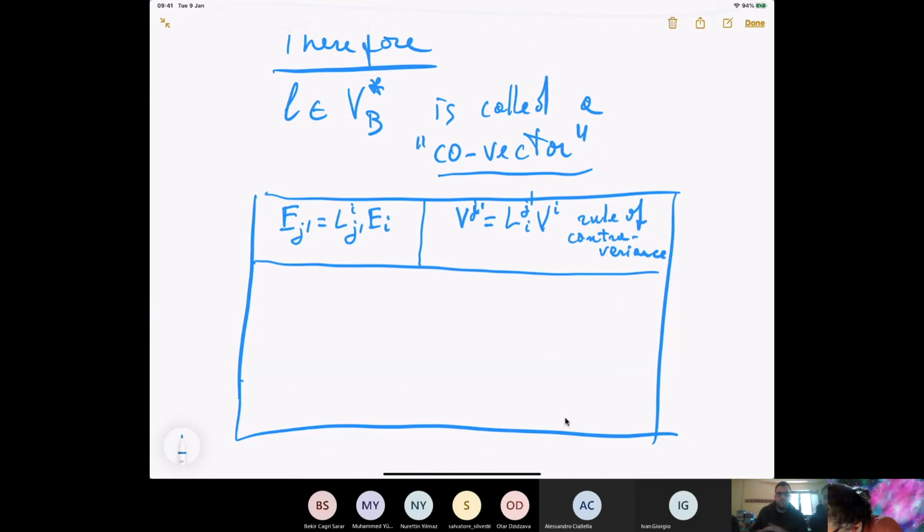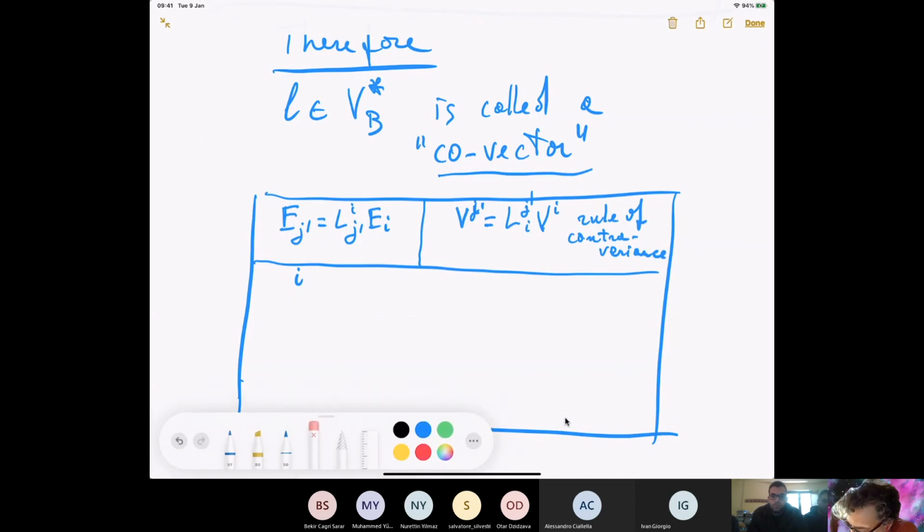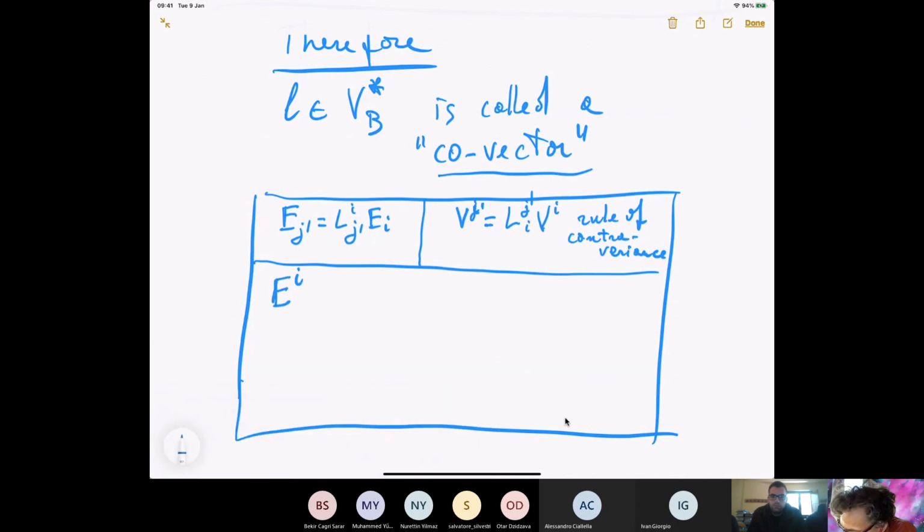Okay. Now you have e^i, the contravariant basis of V star.